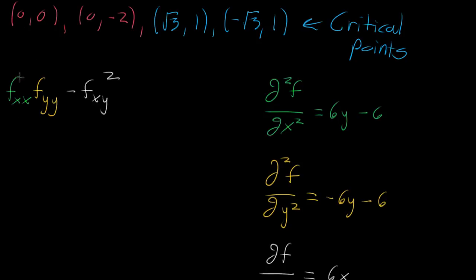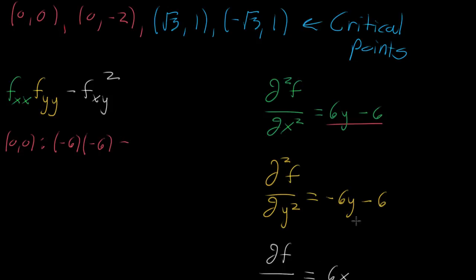So when we do this at the point (0, 0), plugging that into the partial derivative with respect to x twice, 6 times 0 is 0, so there's just negative 6. That gives us negative 6 multiplied by, when we plug it into the partial derivative with respect to y twice, again that y goes to 0, so we're left with just negative 6.